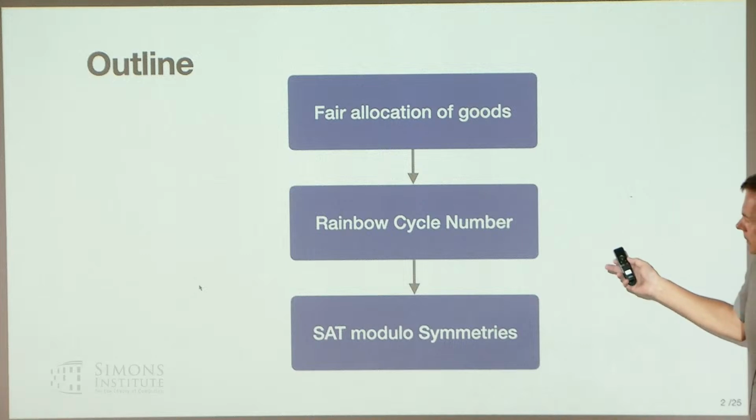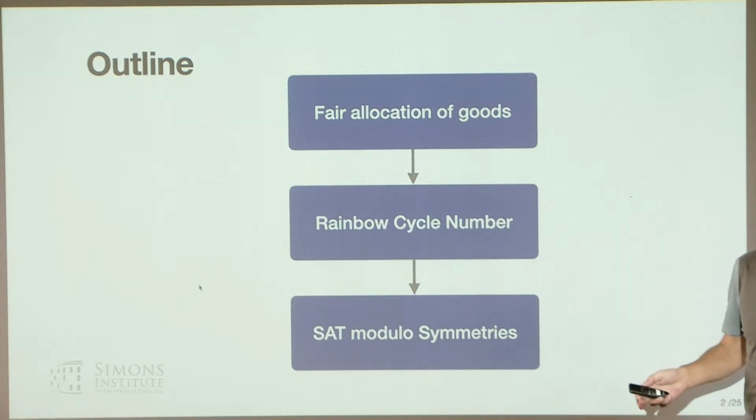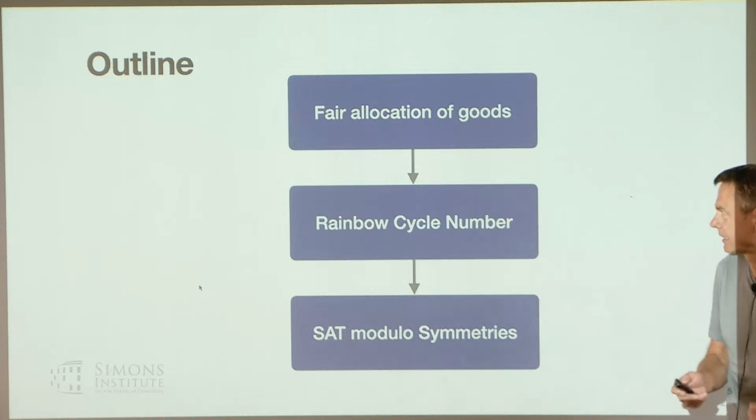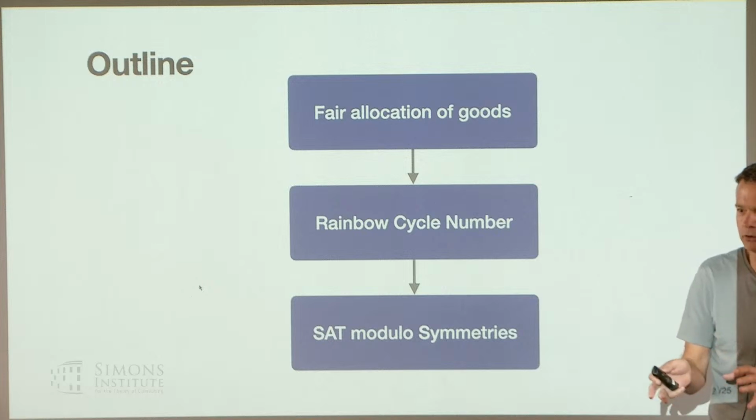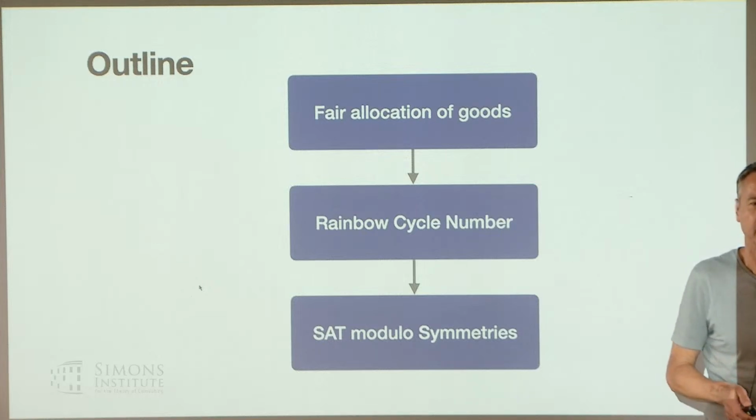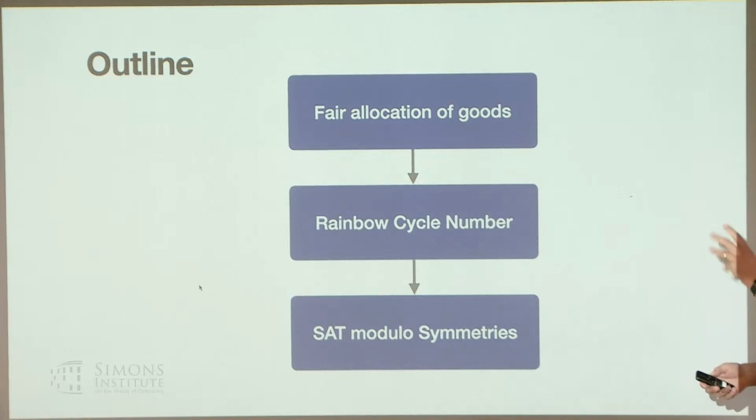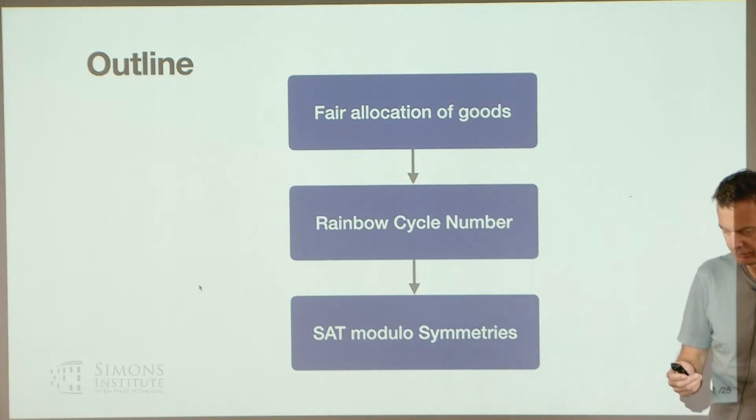And then we will see that for the existence of certain allocations, this so-called rainbow cycle number is important. That's from extremal combinatorics, a number associated to certain graphs. When you can compute this rainbow cycle number, then you get better fair allocations.